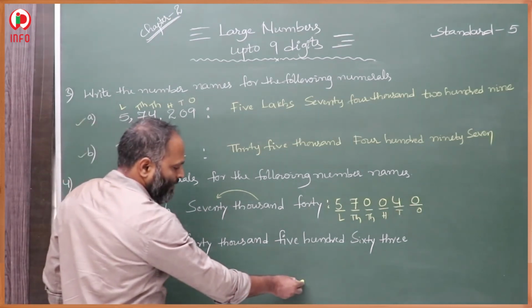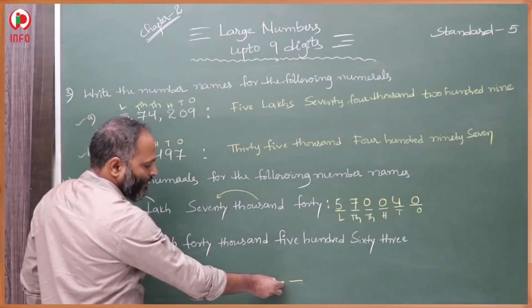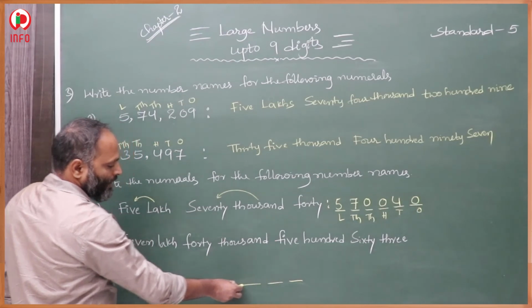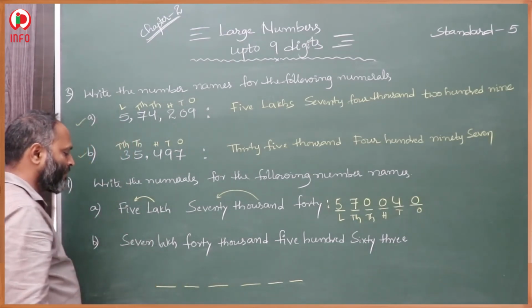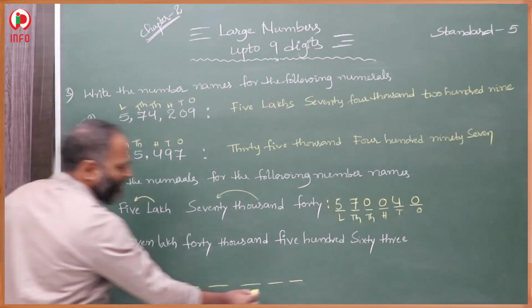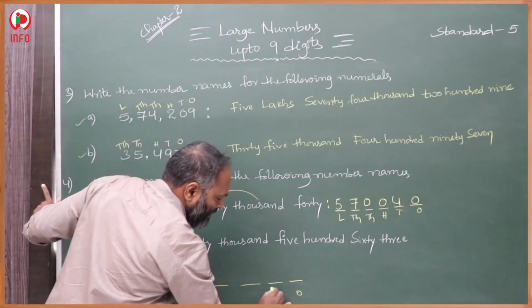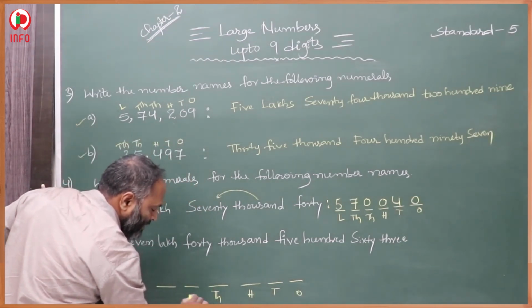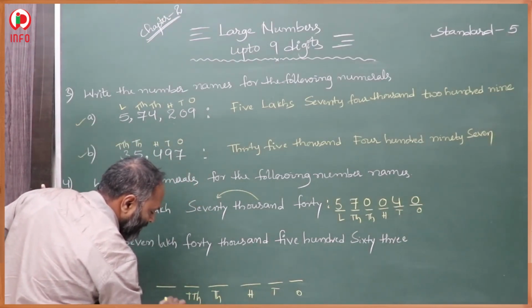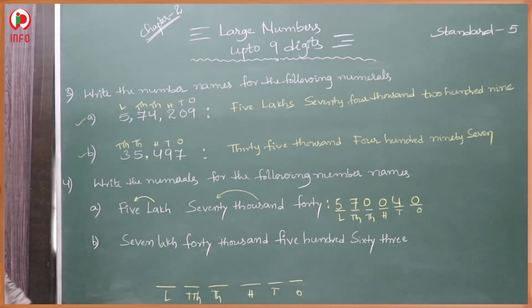Till lakhs we prepare our place values: ones, tens, 100, 1000, 10,000, lakh. First 7 lakhs goes in the lakhs place.